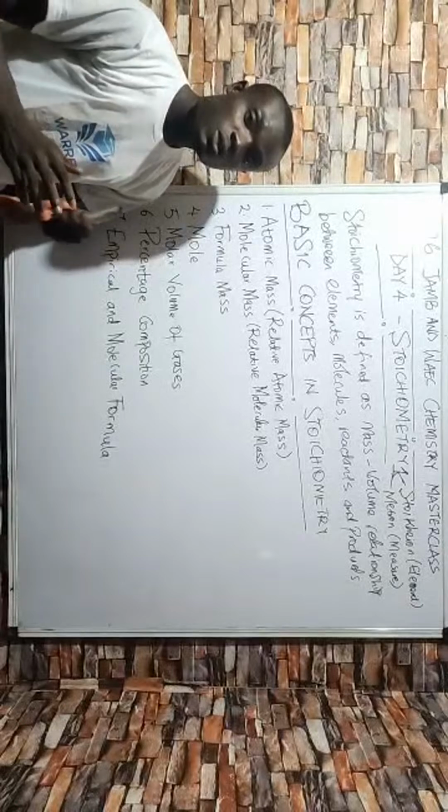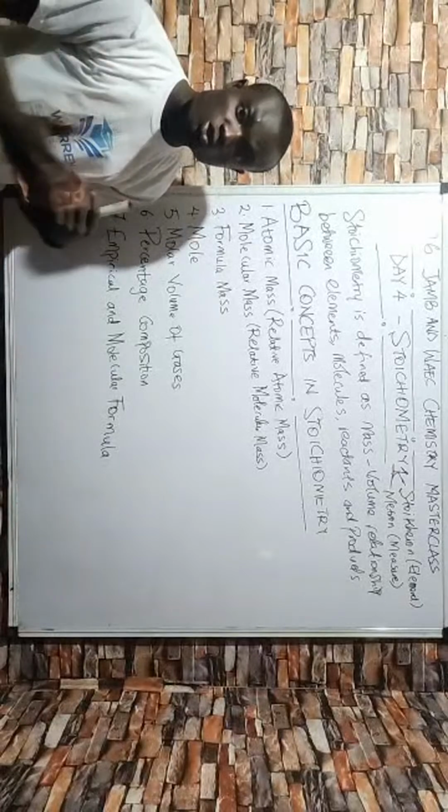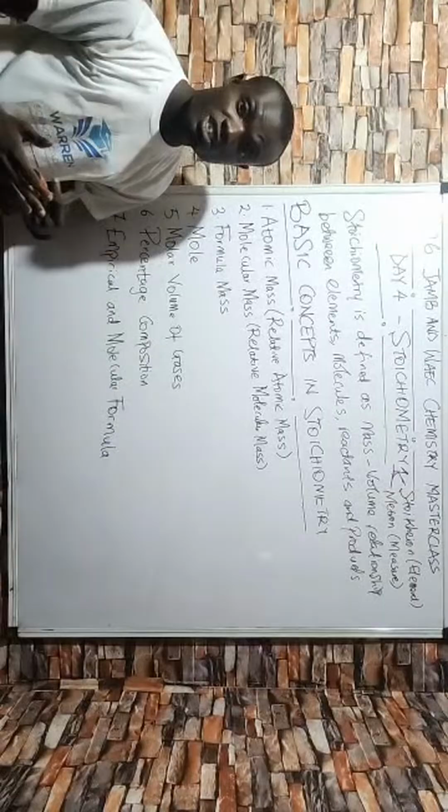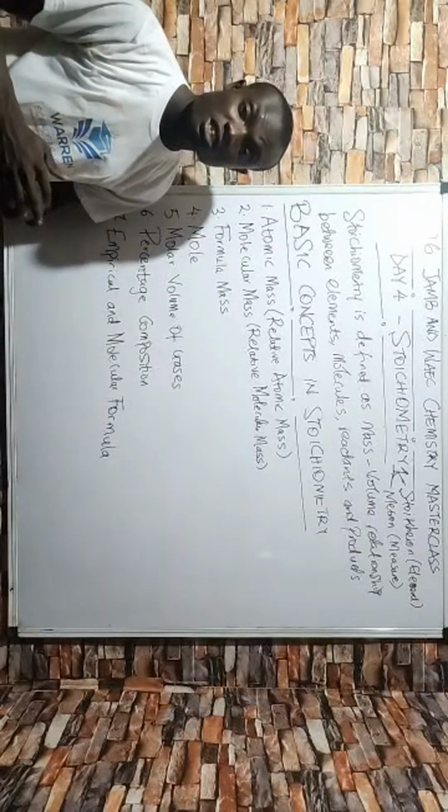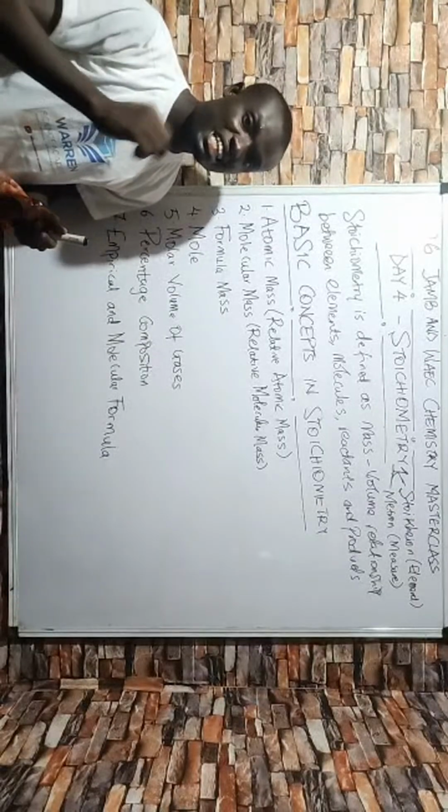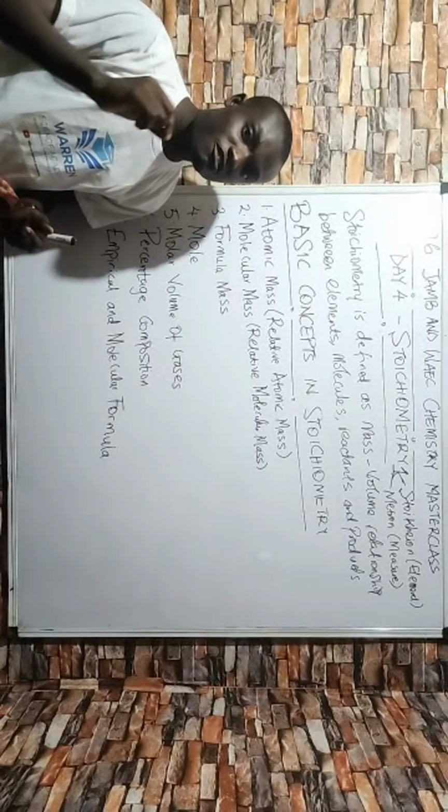But later, there were certain experiments that were conducted, like the experiment from J.J. Thomson and the experiment from Lord Rutherford. These experiments showed that an atom can further be divided.